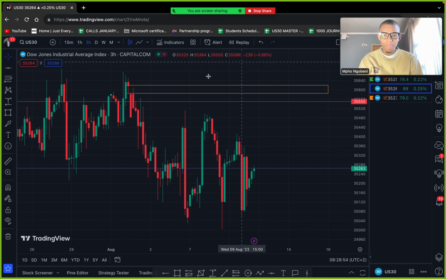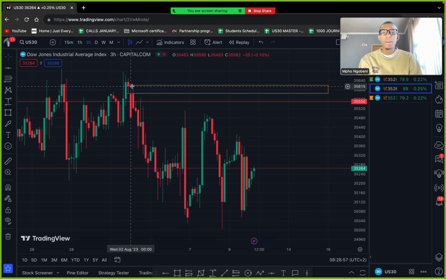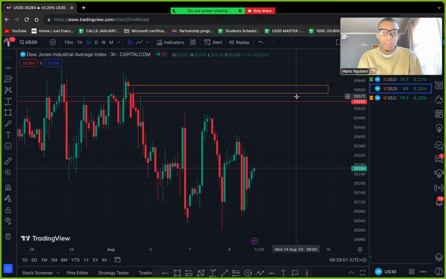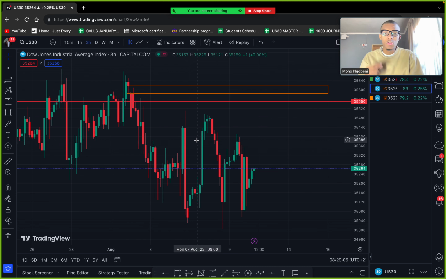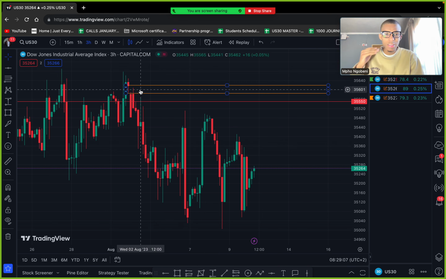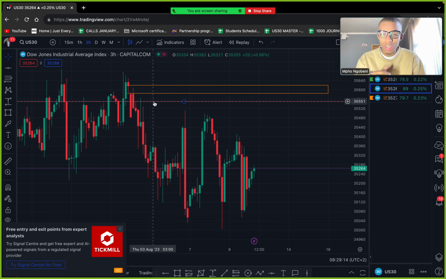If you can check, we have a gap there that has not been retested. And then we have this that hasn't been retested, that says strong resistance. We have a key level 550, strong resistance, only retested once.